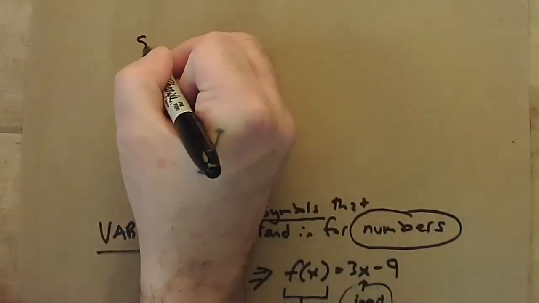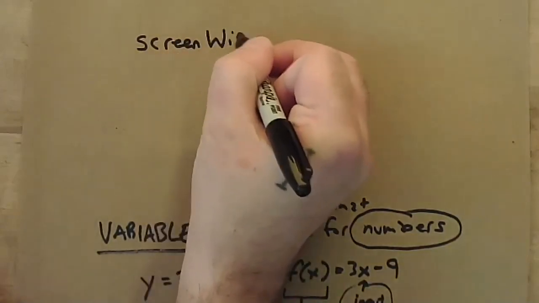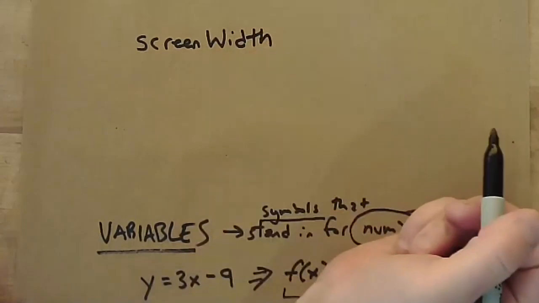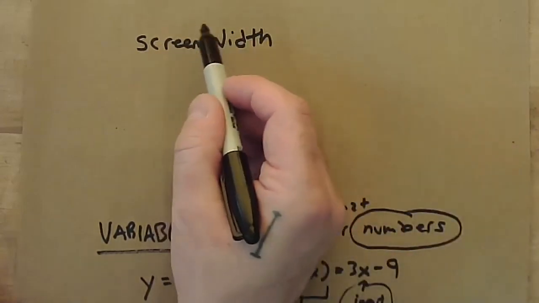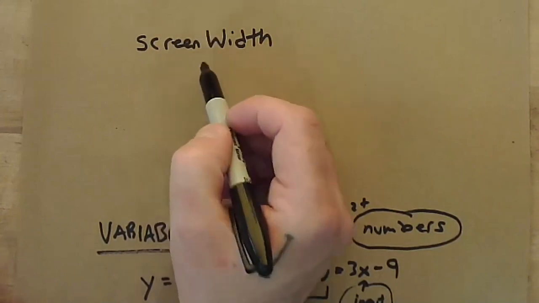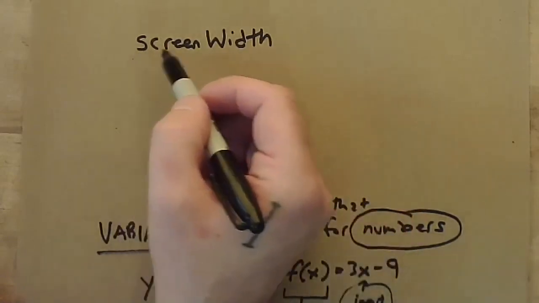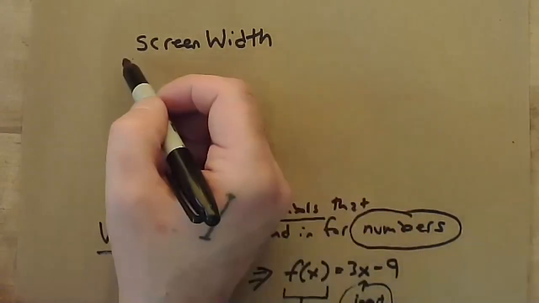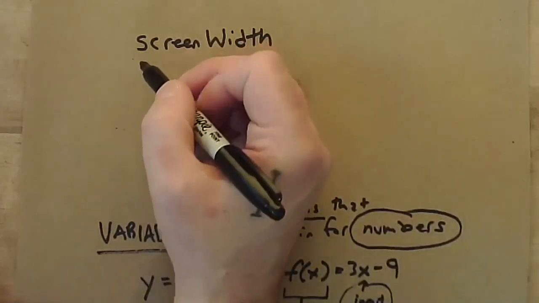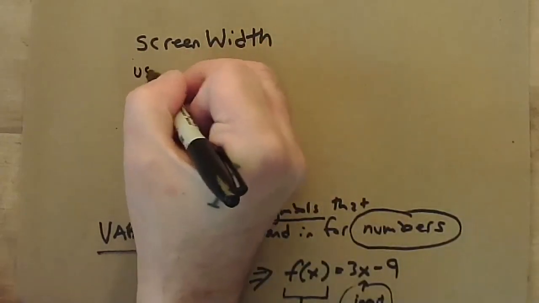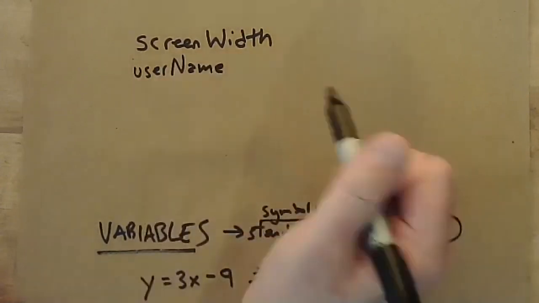So you might have some variable called screenWidth. Notice I use this capital W here so I can differentiate between these words. So I might have a variable named screenWidth. I might have a variable named, let's see, userName. I probably wouldn't capitalize that N actually, but so it goes.